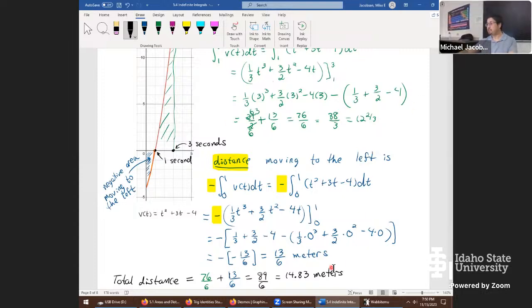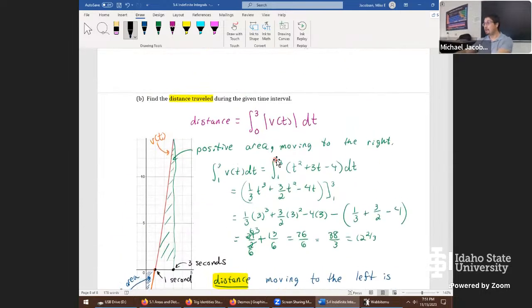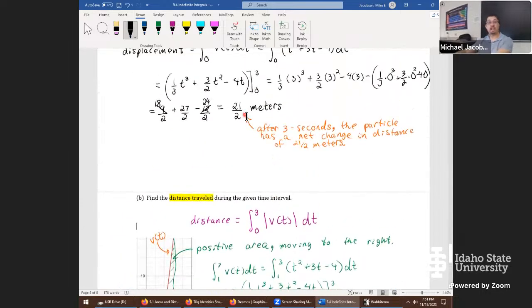Then the problem is essentially over here, but we can do one small check just to see if that answer is even reasonable. We did do displacement. Displacement should be less than 14.83 meters. And let's take a look. This was 21.5 meters, which would have been 10.5 altogether. So that actually does fit in the problem.